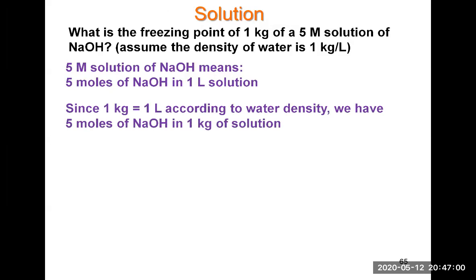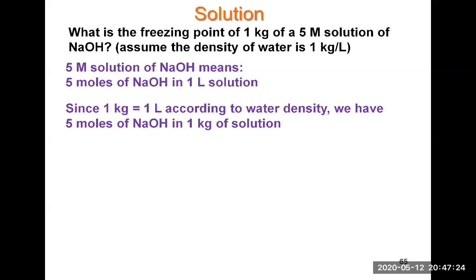And since the density of water says that we have 1 liter when we have 1 kilogram of water, that means we have 5 moles of NaOH in 1 kilogram of solution, right? Because 1 kilogram equals 1 liter. So we have 5 moles in 1 kilogram of solution.